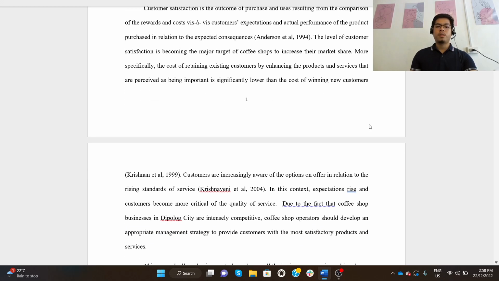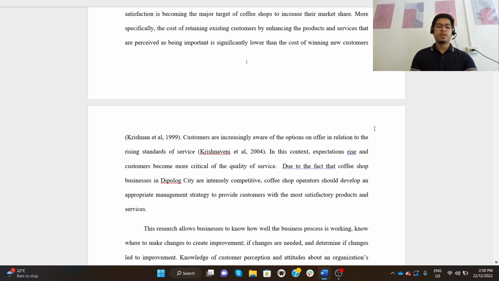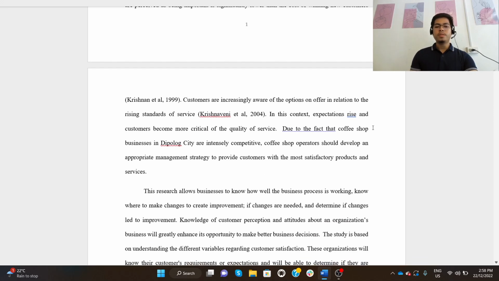More specifically, the cost of retaining existing customers by enhancing the products and services that are perceived as being important are significantly lower than the cost of winning new customers. Nan et al. 1999. Customers are increasingly aware of the options on offer in relation to the rising standards of service. Krishnaveni et al. 2004.